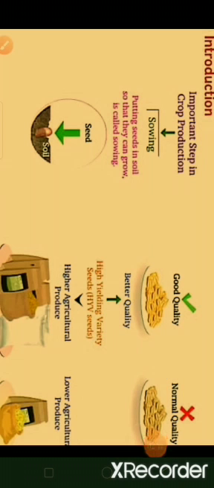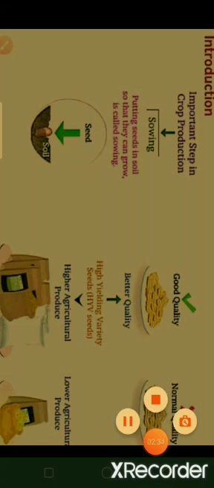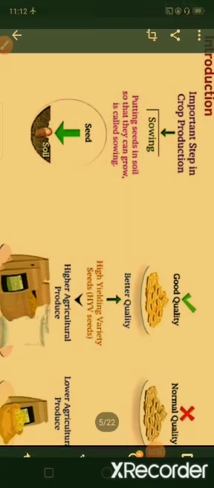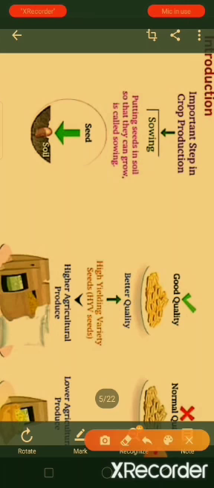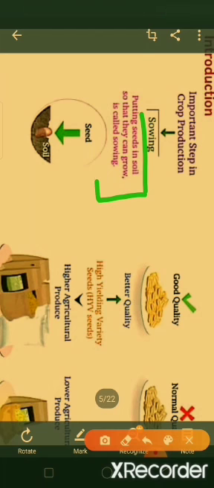The most important step in crop production is sowing. Sowing is putting the seed in the soil so that it can grow and give us crop production. For sowing, the farmers need to select the seeds.